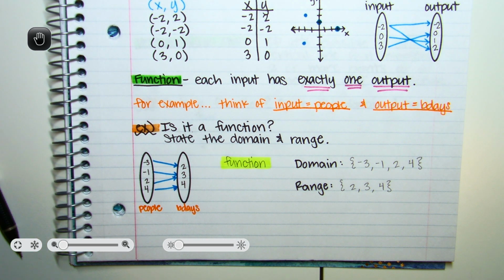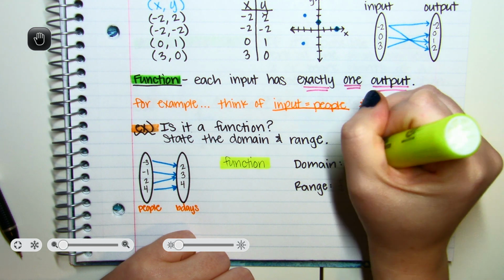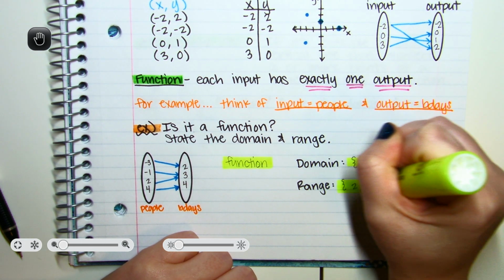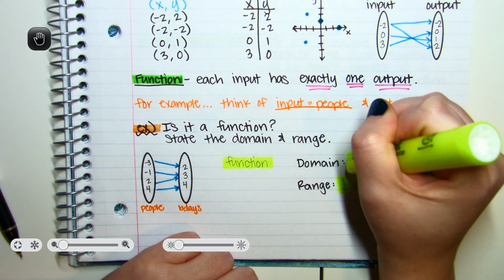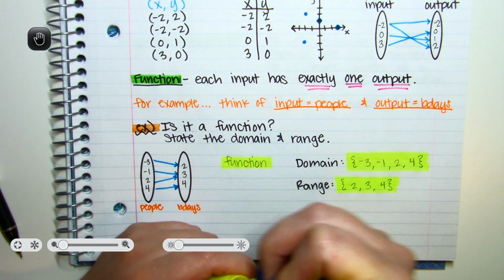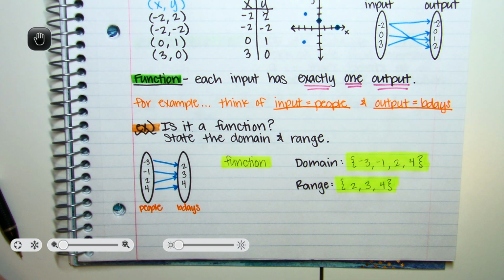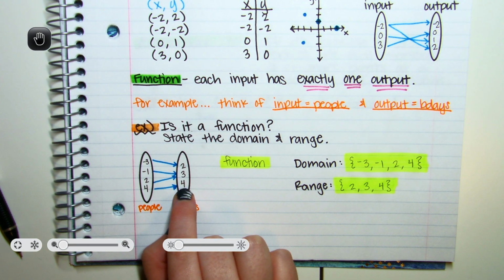Now, the reason why I don't write 2 through 4 is because it's not all of the values in between. If I said it was the numbers 2 through 4, that would include everything in between. It would include 2.5, 2.7, 3.4, 3.6, all the decimals in between, which are not the case. It is only 2, 3, and 4, the whole numbers.